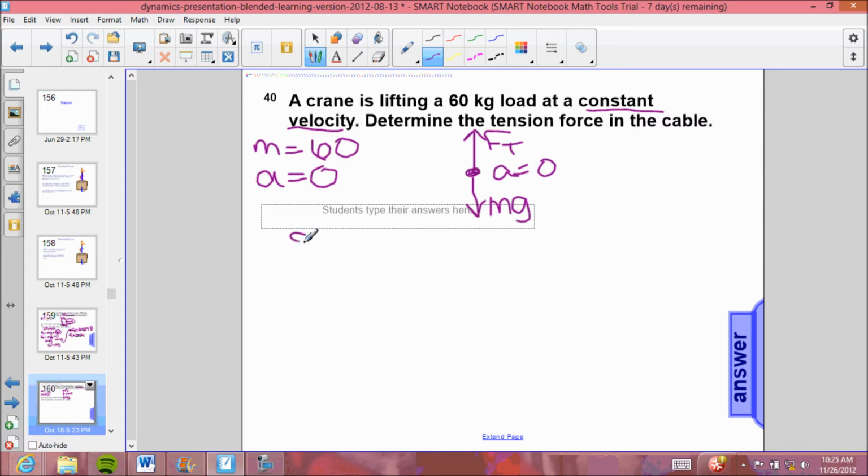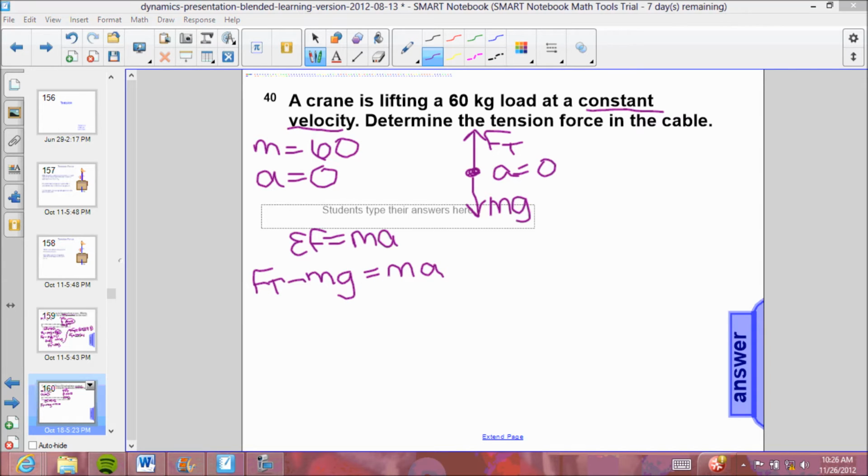So again, sigma F equals ma. And we know our forces are going to be Ft minus mg, because they're in opposite directions, equals ma. And since our ma is 0, it's going to be Ft minus mg equals 0.